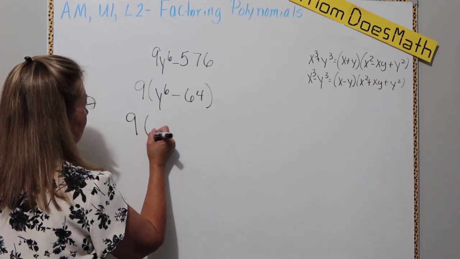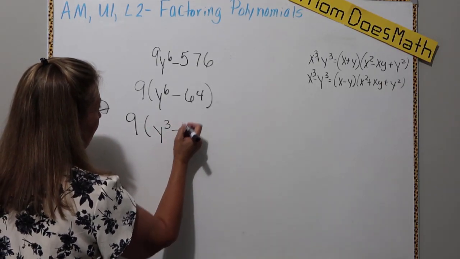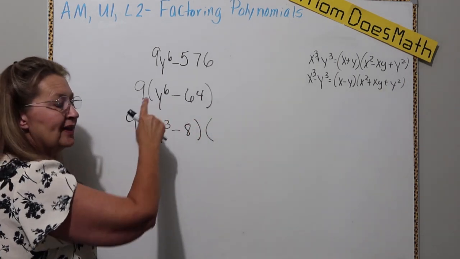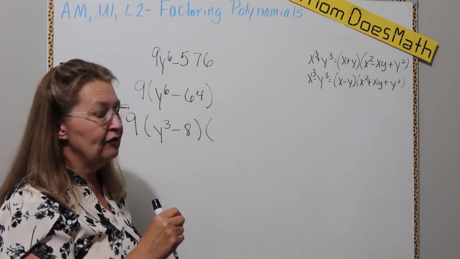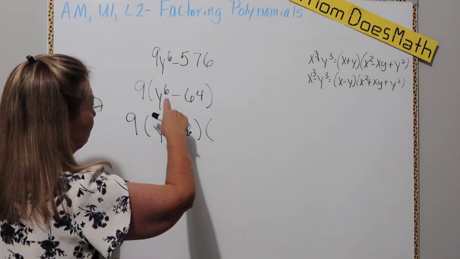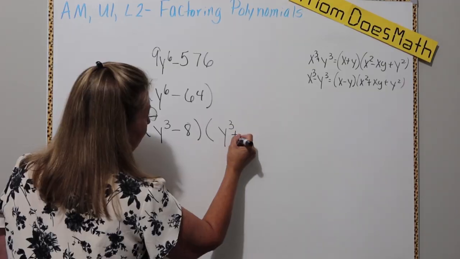So the square root of that is going to be y to the 3rd minus 8. Now remember, when you're taking the square root of something with an exponent, you divide that exponent by whatever root you're looking for. Since we're looking for the square root, that's 2, so I'm dividing the 6 by 2. That's why I get a 3.